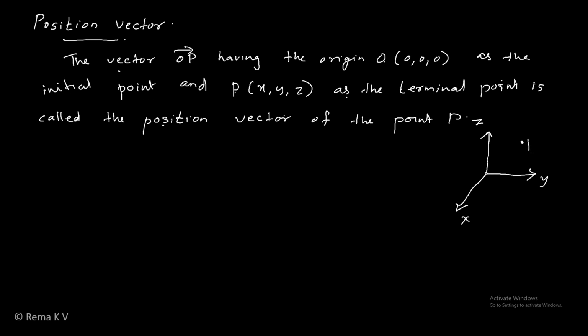A point P (x, y, z) in space, then the line segment joining the origin and P, the vector OP, with initial point as the origin and terminal point as P (x, y, z), is known as the position vector of the point P.